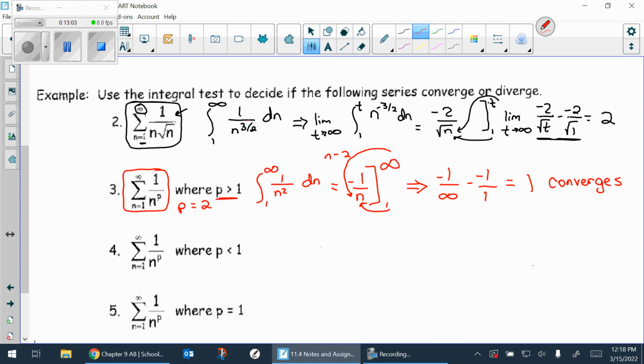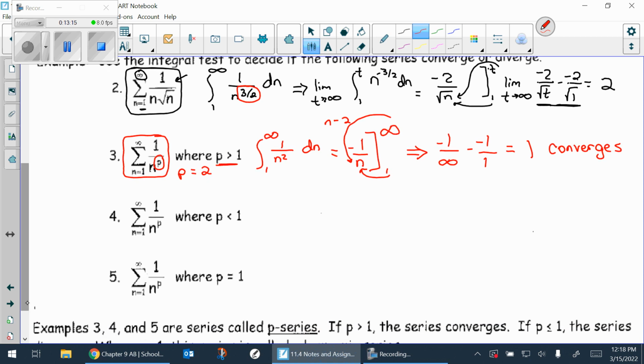So I see if the exponent is 3/2, it converges. If the exponent is 2, it converges. What if I choose a value of p that is less than 1? Let's say p is equal to 1/2.